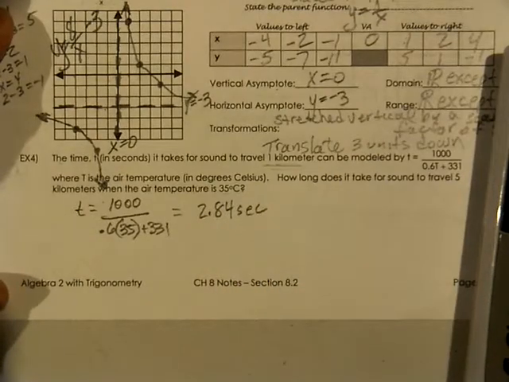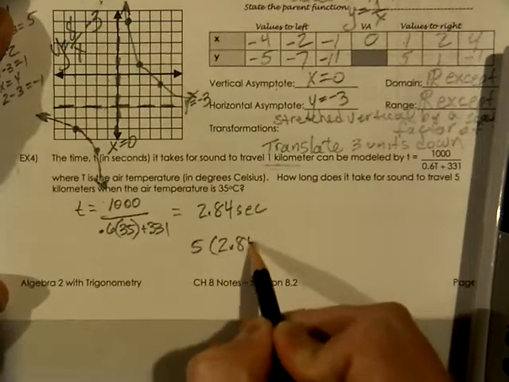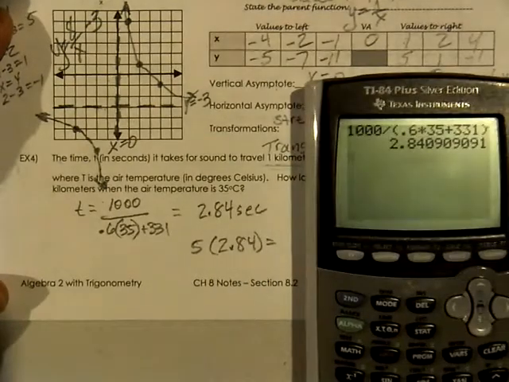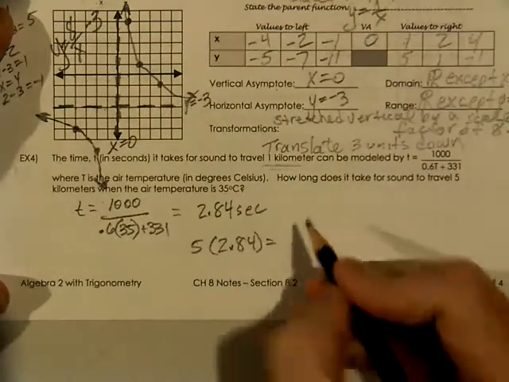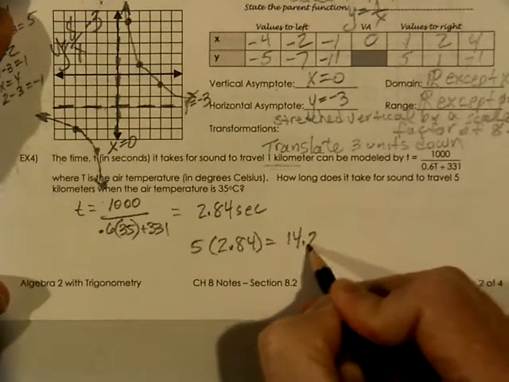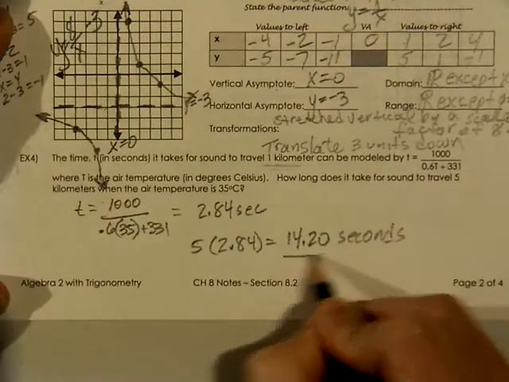But that's for 1 kilometer. We now have to times that by 5. And we get 14.20. 14.20 seconds to travel 5 kilometers.